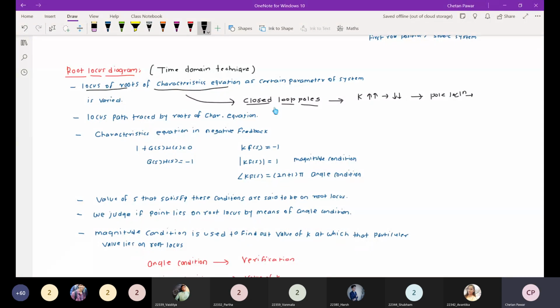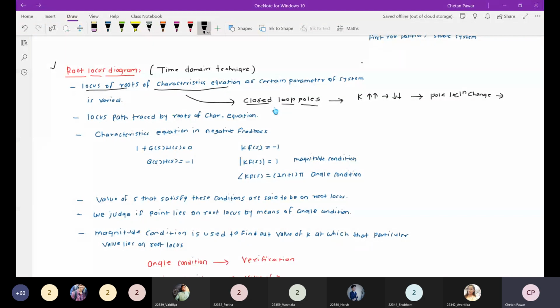And that locus of roots, that locus of closed loop poles, how the closed loop pole is traversing, is shown by this root locus diagram. So it is a locus path traced by the roots of the characteristic equation.